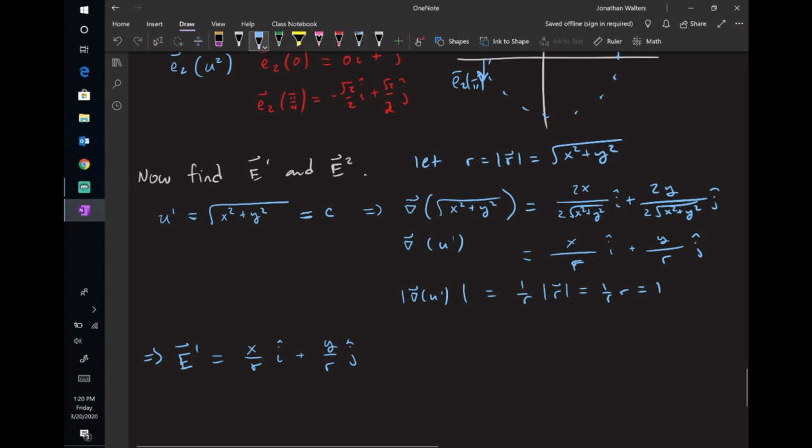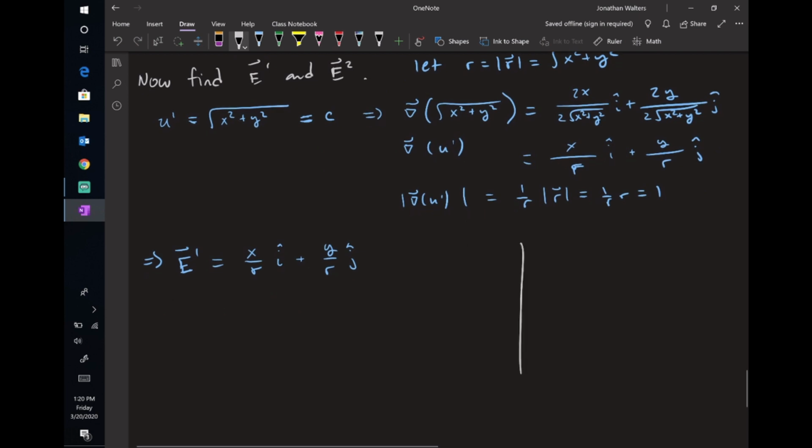And if you were to plot that in the two-dimensional space, we'd see, okay, at (1, 0), this would be a vector that's (1, 0). So that's capital E1 of (1, 0), which would be the vector i hat. At (1, 1) it points this way.